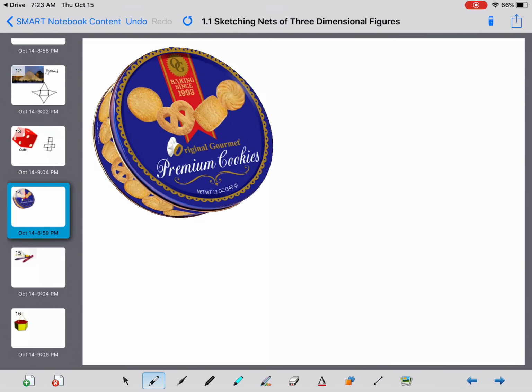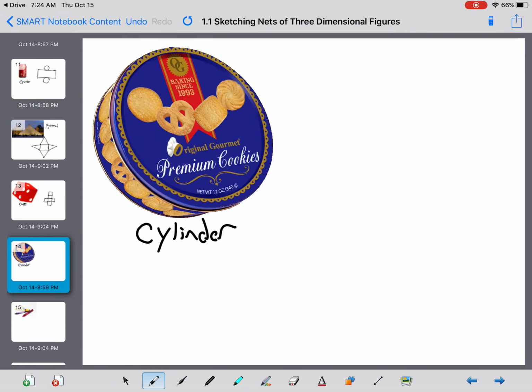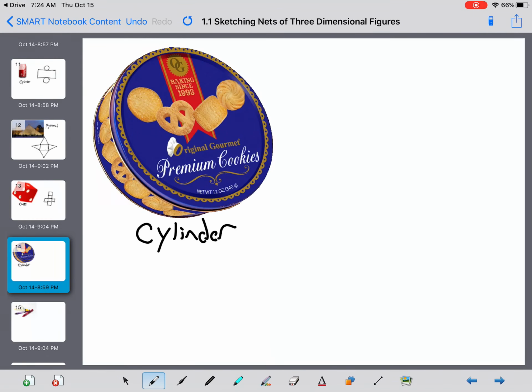Next one, you go to your grandma or grandpa's house, right? They always got one of these laying around, one of those original gourmet premium cookie tins. Now, this time, again, this is a very large circle, and it doesn't have a lot of depth to it. However, we know that this is still a cylinder, but it's going to look a little different from our Coke can, because the Coke can is taller than the circles are round, but in this case, the circles are much larger than the actual can itself.